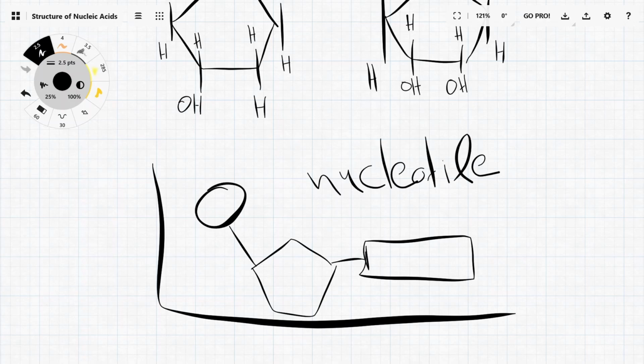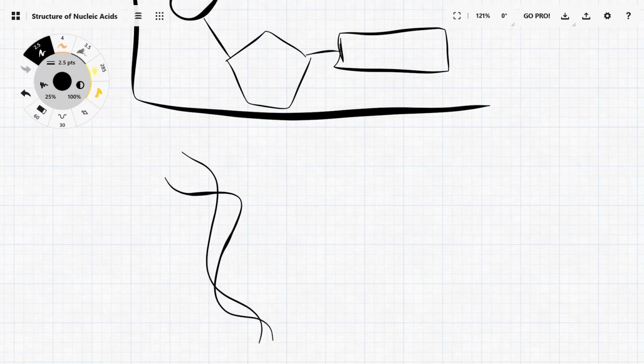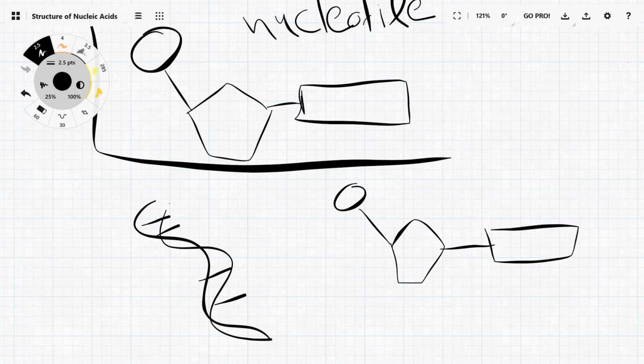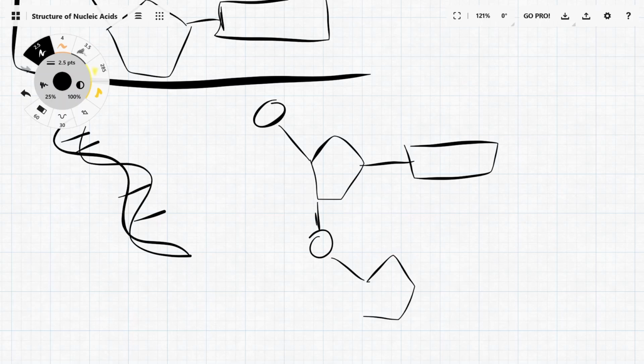And so many of these come to form the structure that we see of DNA and RNA. So the phosphate of the next nucleotide will attach or form a bond with this carbon right here. And it will go on to continue that pattern, and we'll get the nucleotide sequence that we need.